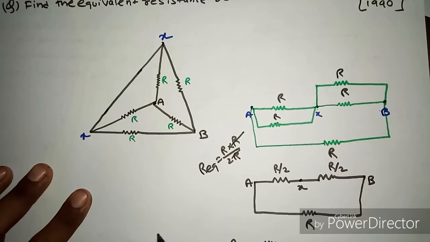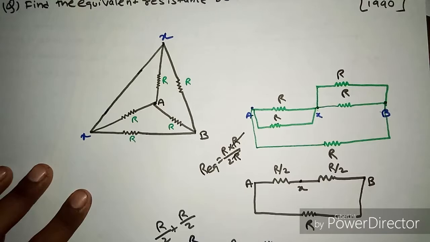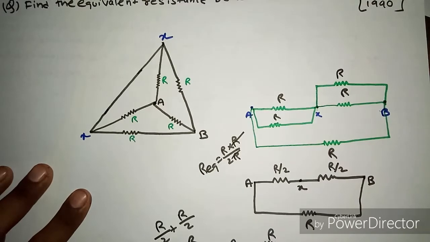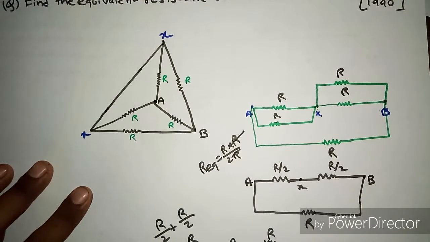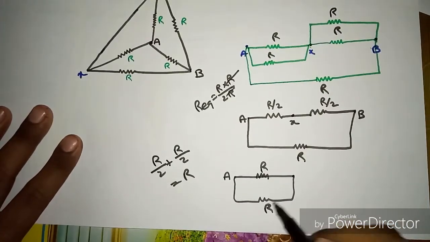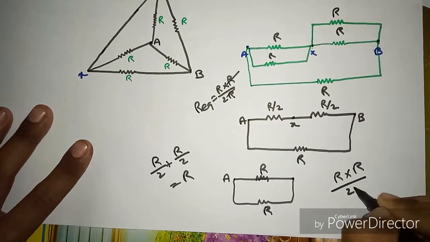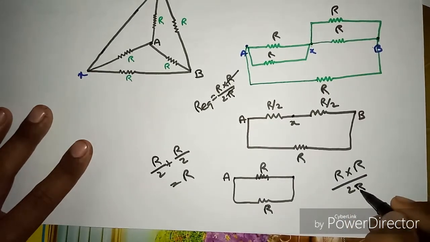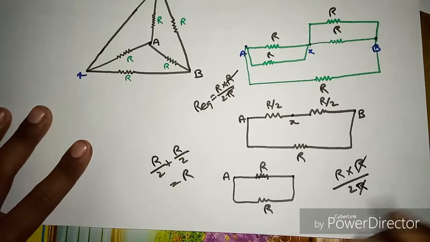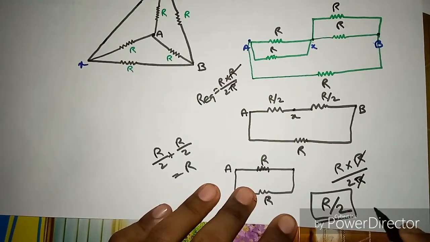R by 2 in series, we can easily add this, so it comes out to be R. Now this R and this R is in parallel, so for a parallel circuit, R into R by 2R, so R and R get cancelled out, so our final answer will be R by 2.